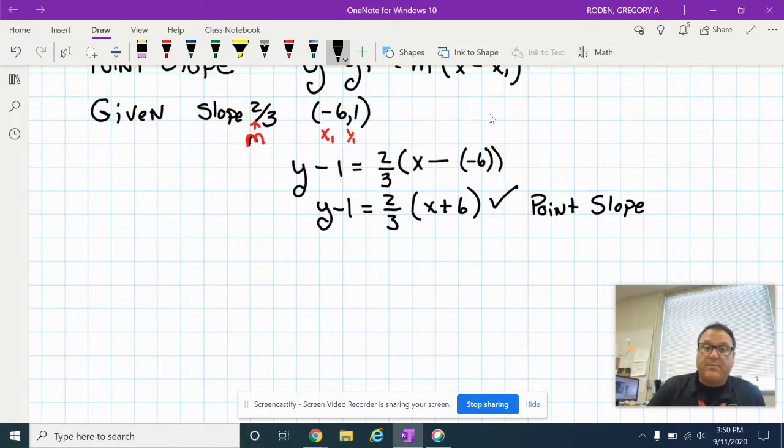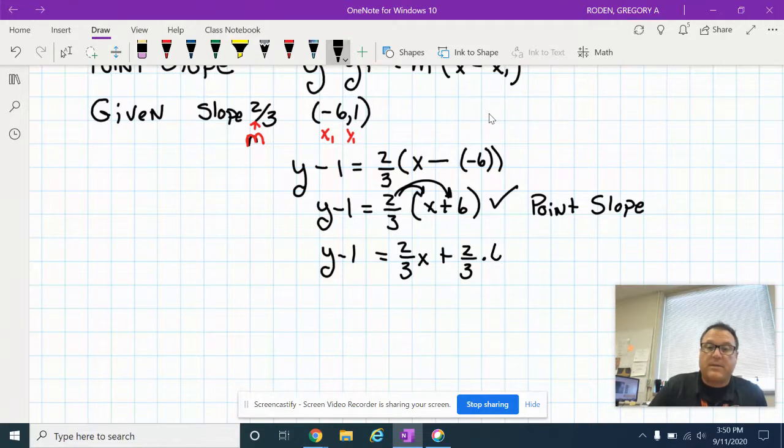Well, that's pretty simple. You just take this 2/3 and you would just distribute it through. So now you have y minus 1 equals 2/3 x plus 2/3 times 6. And I'll just put that 6/1. So now it just becomes a little fraction simplification problem.